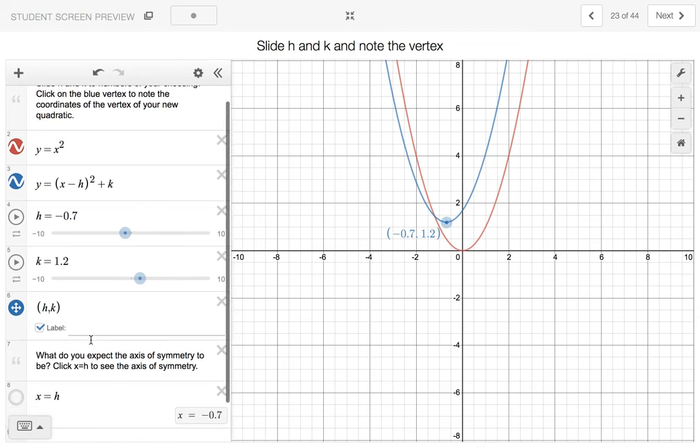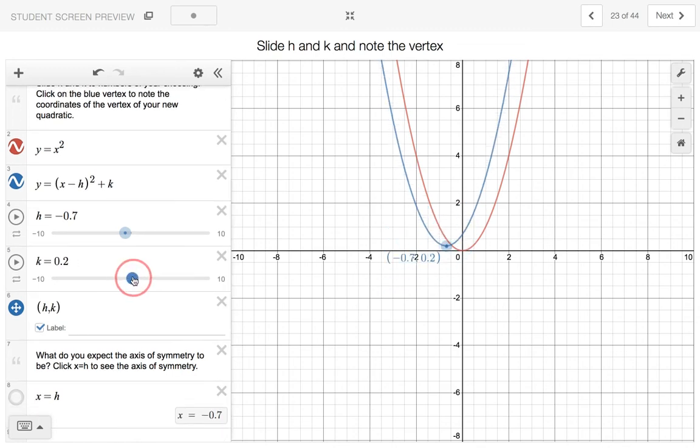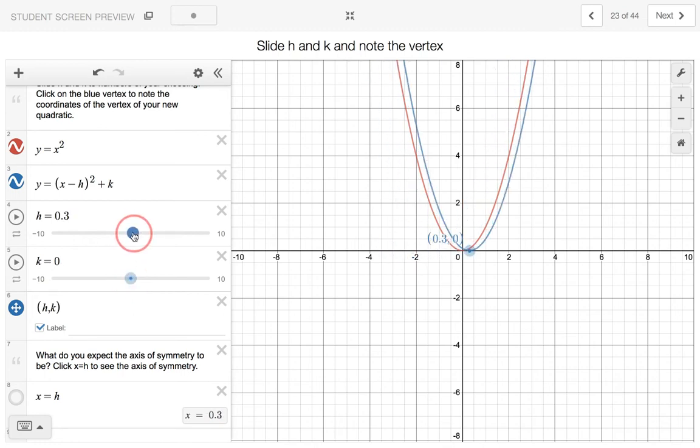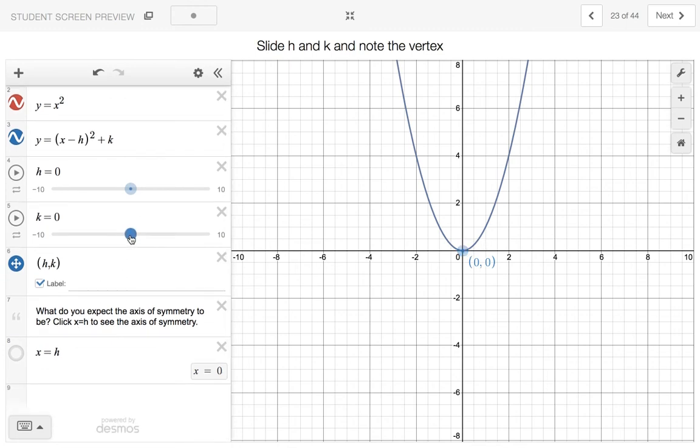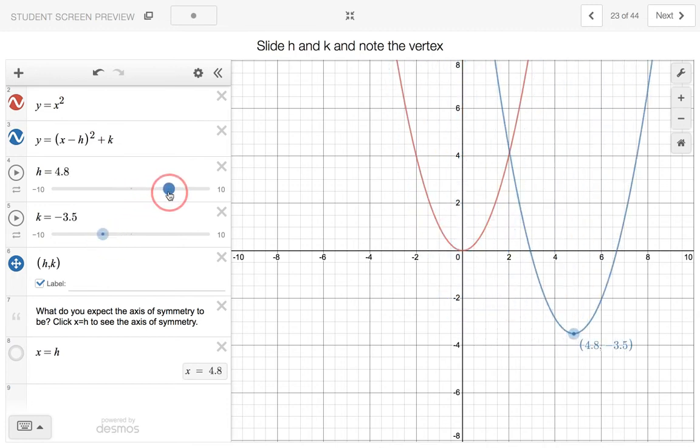What about when, and notice this one's labeled, they were both at (0, 0), the parent function. When I had them both at (0, 0), it's equal to the parent function, right there. But as I move them, I see that they can both move, right? So what happens to the vertexes?